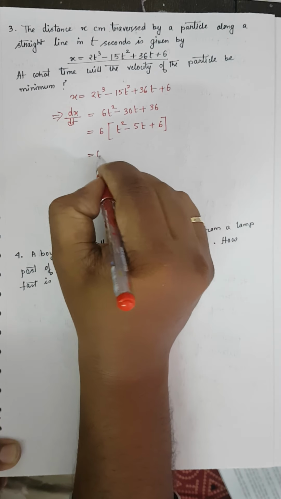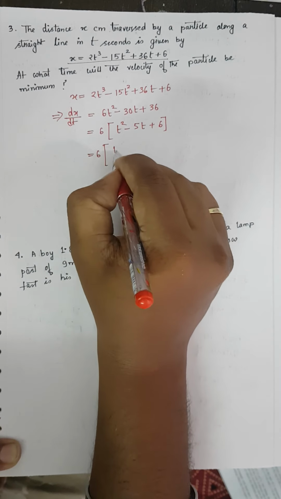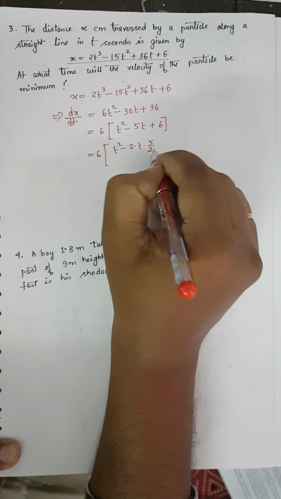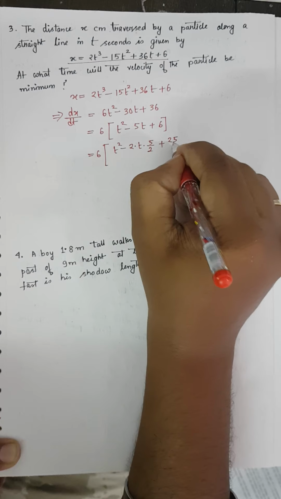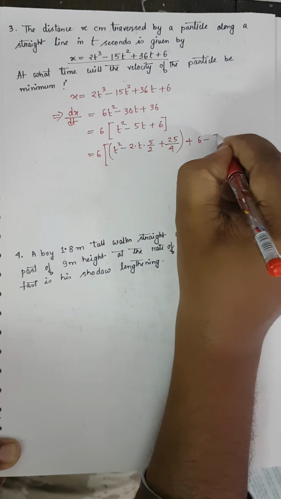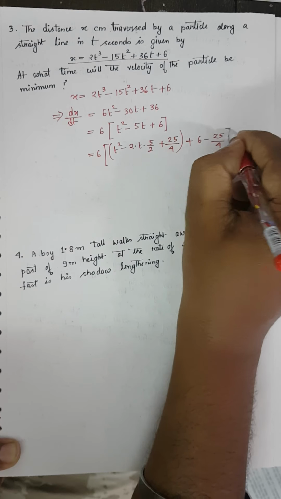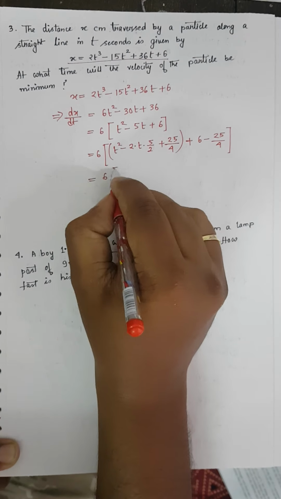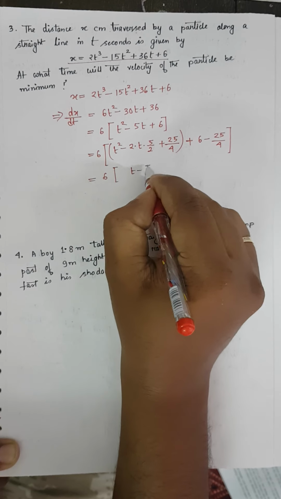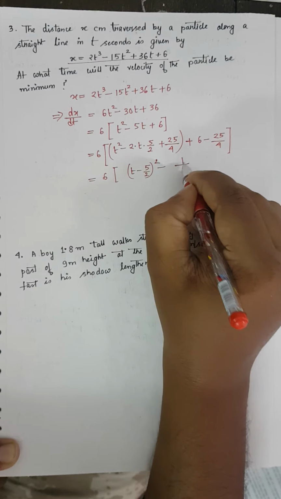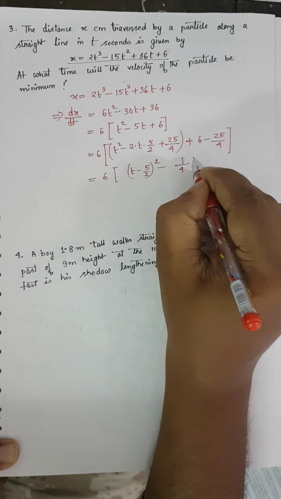So this is 6. Now I can write t square minus 2 into t into 5 by 2 plus 25 by 4 plus 6 minus 25 by 4. I'm trying to make a perfect square here. Okay, so after that I'm getting this is t minus 5 by 2 whole square minus 1 by 4.